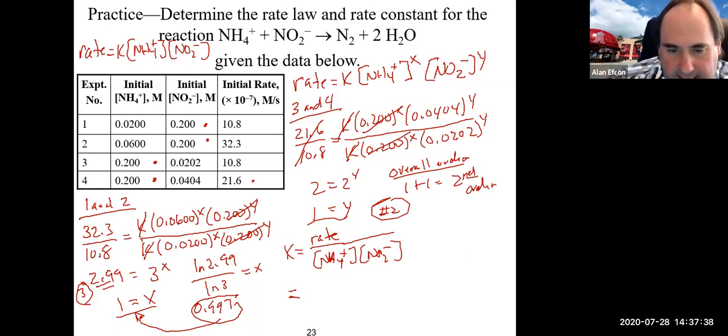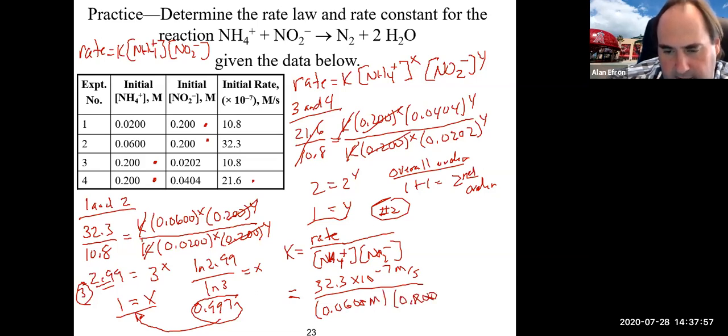we take 32.3 times 10 to the minus 7 molar seconds divided by 0.06 molar times 0.2 molar. You may be wondering, where did I get that from?